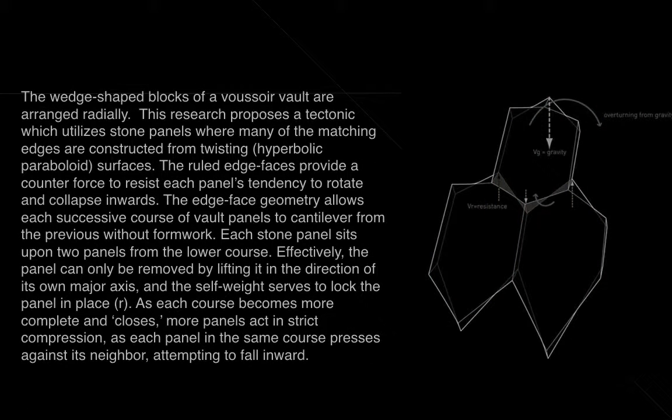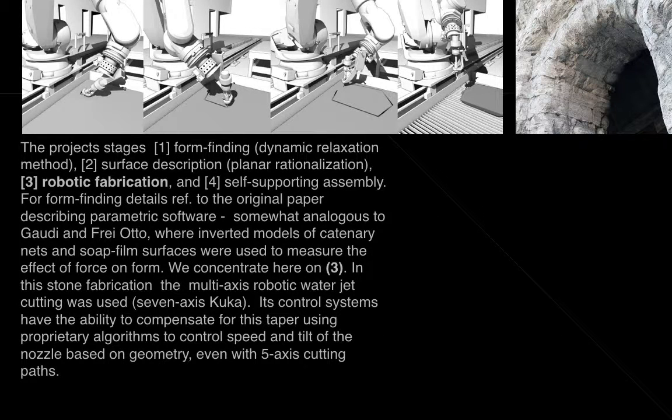Here is wedge-shaped blocks, geometry of it, and you can read up on it later, and the project of its process of its production, form finding first, and surface description, and finally robotic fabrication indicated here, and then self-supporting assembly.